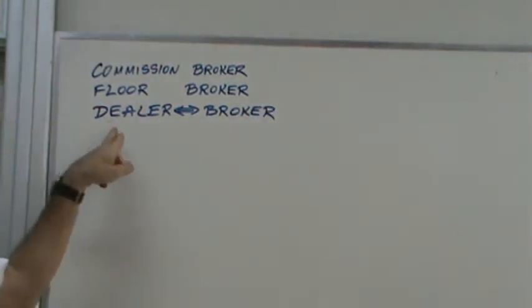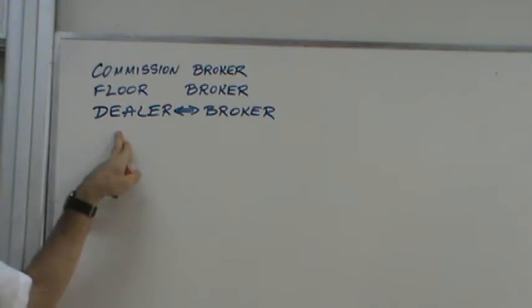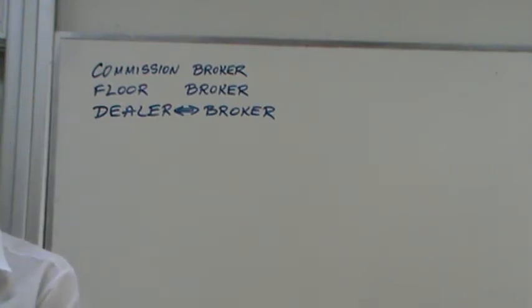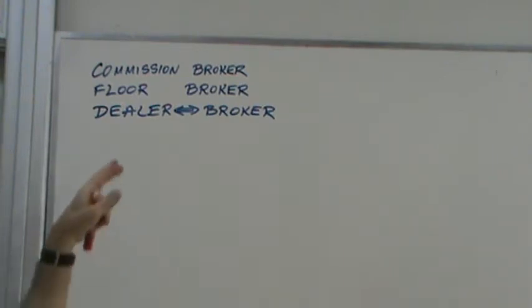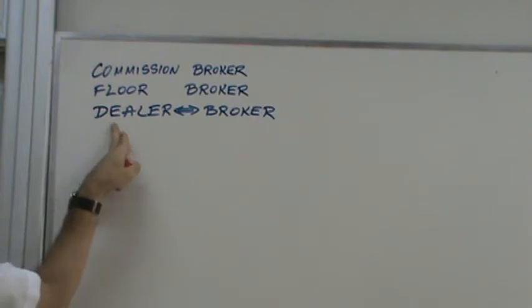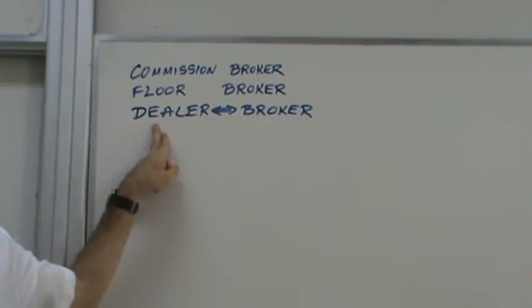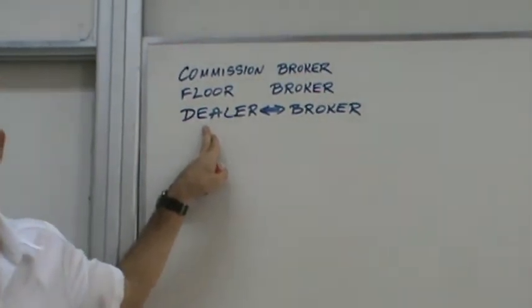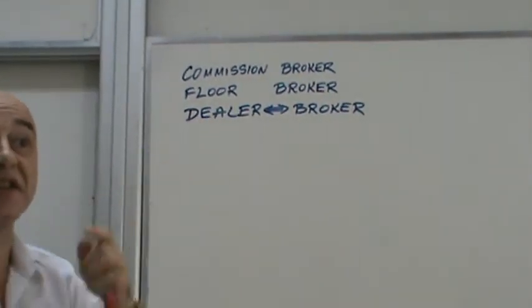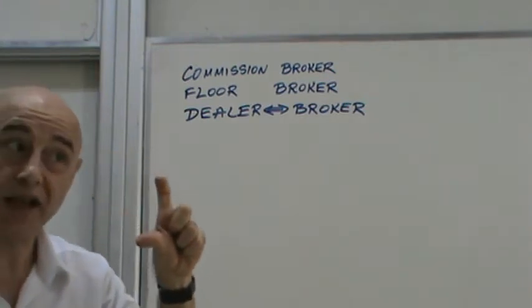A dealer buys and sells for himself. A dealer buys and sells for his own account. And the dealer will profit from the difference between a buy and a sell.